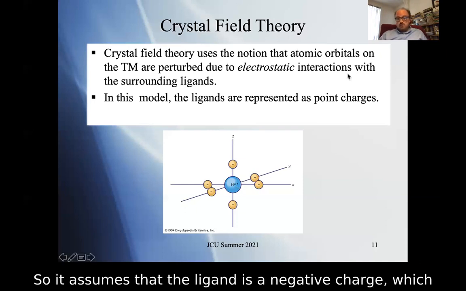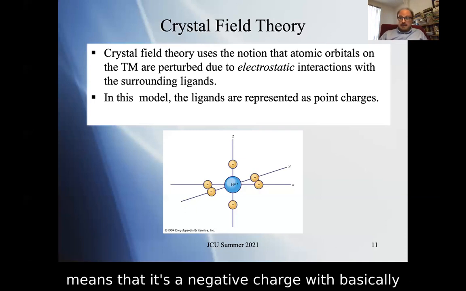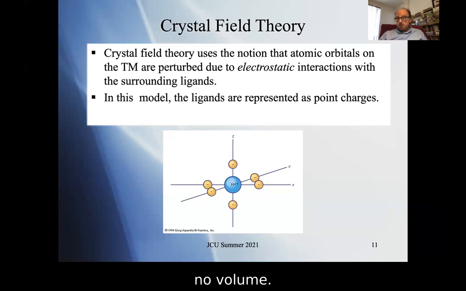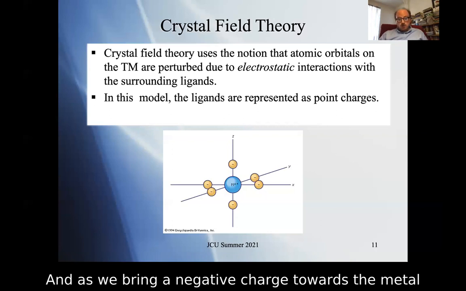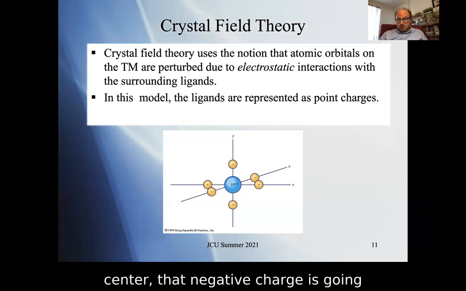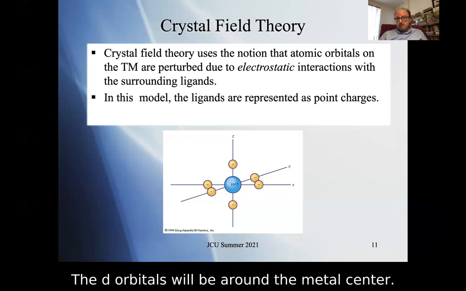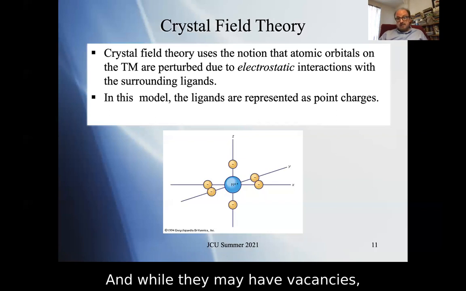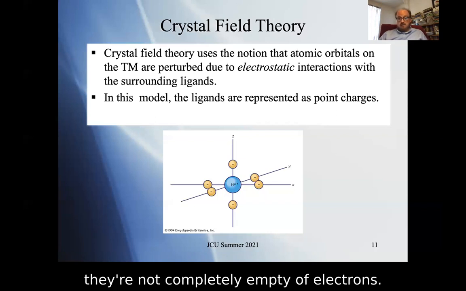So it assumes that the ligand is a negative point charge, which means that it's a negative charge with basically no volume, right? And as we bring a negative charge towards the metal center, that negative charge is going to interact with electrons, right? The d orbitals will be around the metal center, and while they may have vacancies, they're not completely empty of electrons, right?